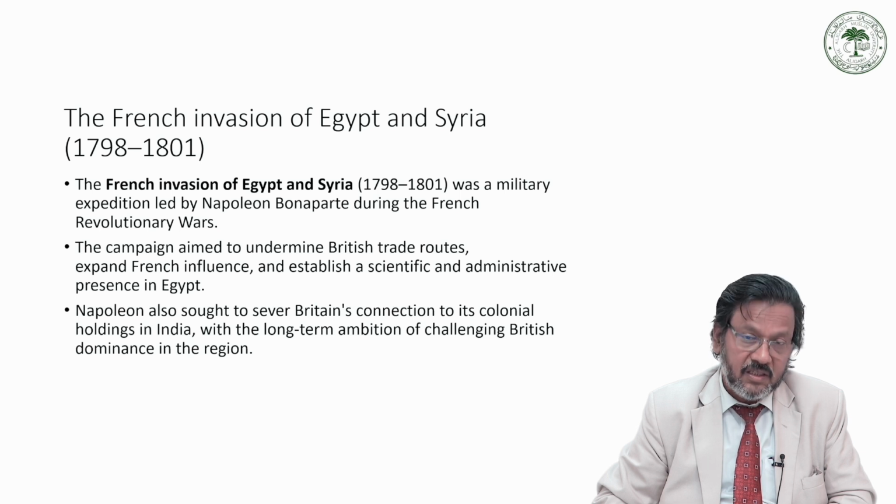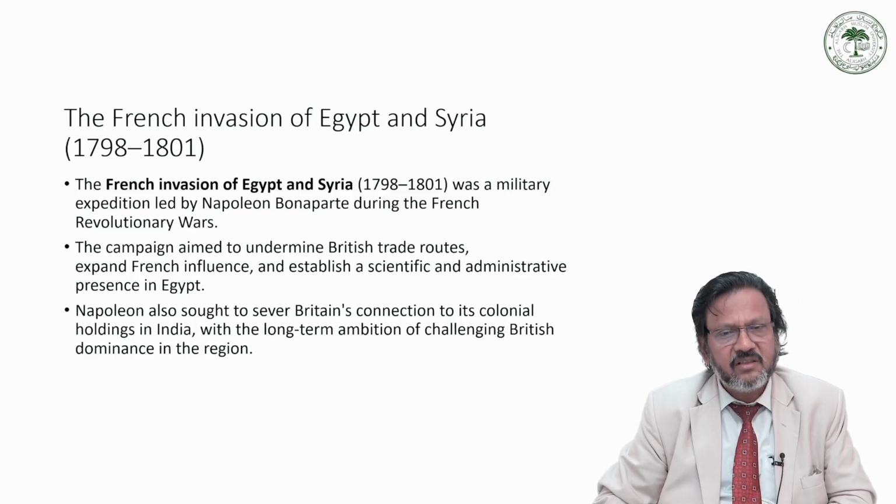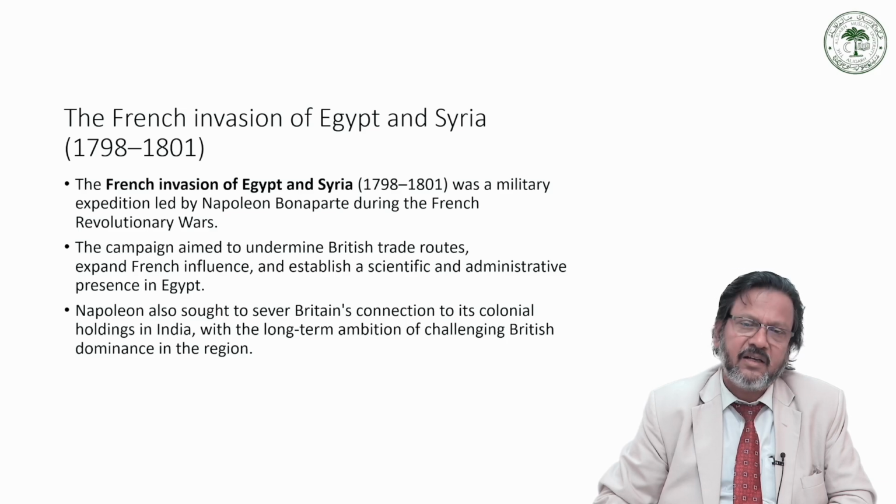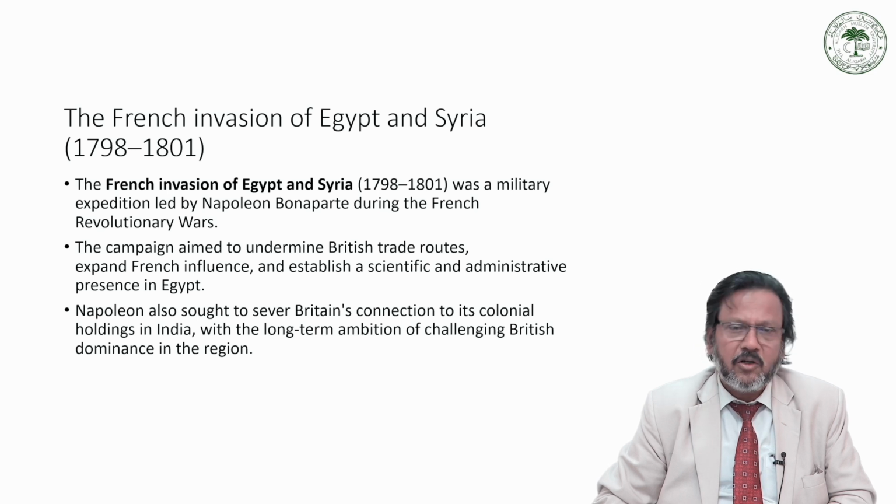In this sequence, we must recollect the sort of military alliance or initiatives aimed at establishing connections, political support, military support lines between some rulers of India, chiefly Tipu Sultan, Mysore's Tipu Sultan, in order to fight the British.